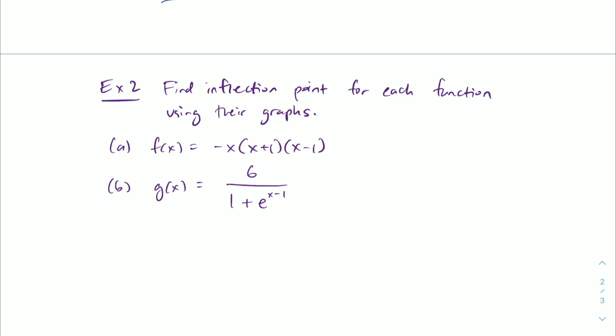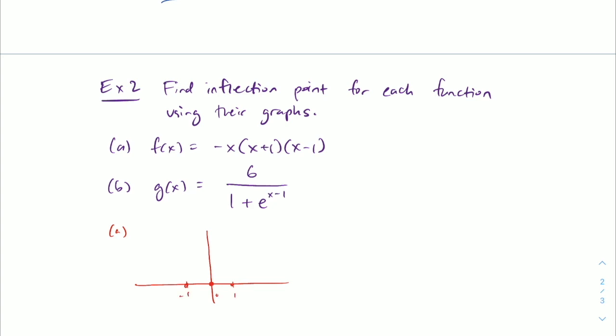Okay, so I would use some computer system or calculator to draw the graphs of these two. I will just sketch them here. So f of x, if we draw it, looks something like this. You can actually do this one by hand. It has a 0 at 0 and 1 and negative 1.